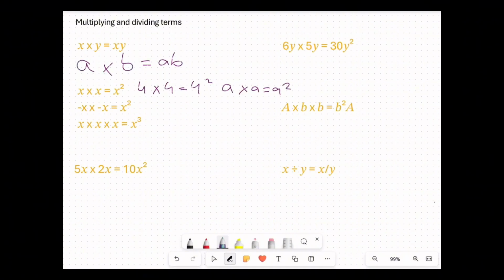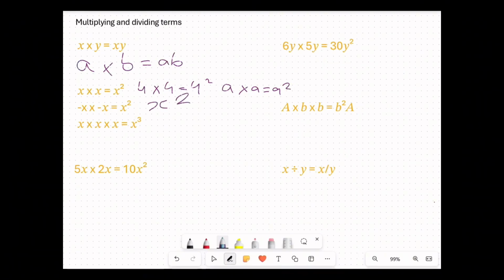Then you have minus x times minus x is x squared. A minus number multiplied by another minus number will always give a positive number. The answer will always be positive, so the answer would be x squared.